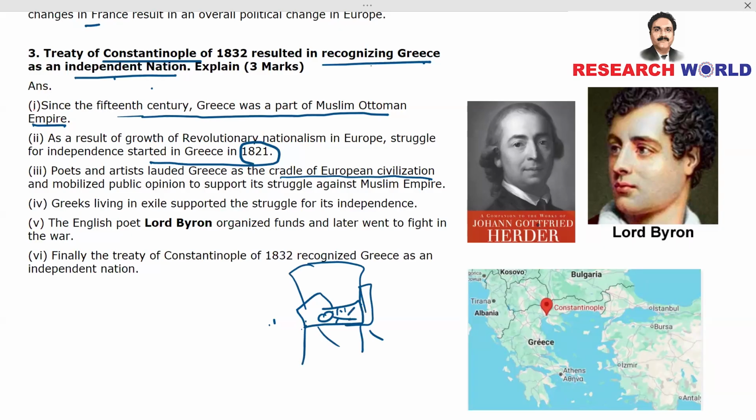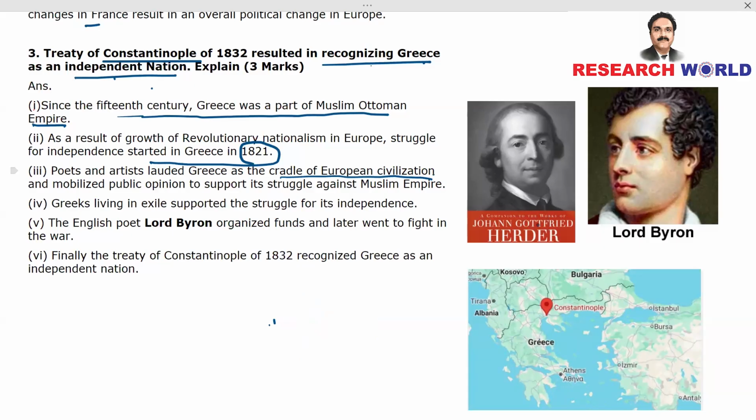Normally the word cradle implies a place where everything begins. So beginning area, starting area, place of birth. That's the figurative meaning of the word cradle of European civilization.